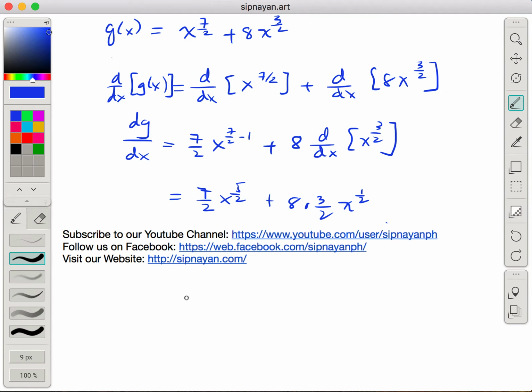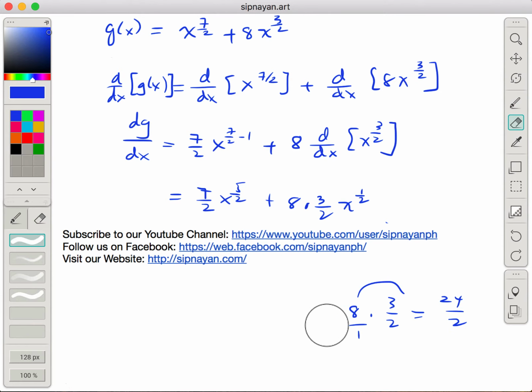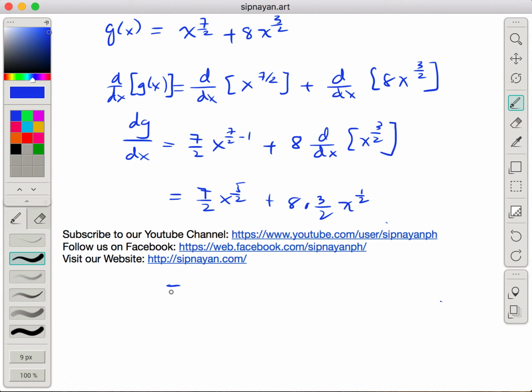We have, what is 8 times 3 divided by 2? 8 times 3 halves is the same as 8 over 1 times 3 halves. That's 24 over 2. This is 12. So this is equal to 7 halves times x to the 5 halves plus 12 x to the 1 half.